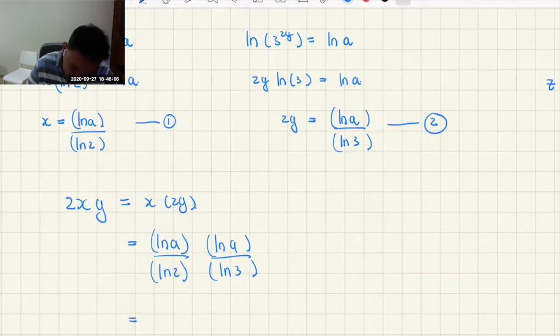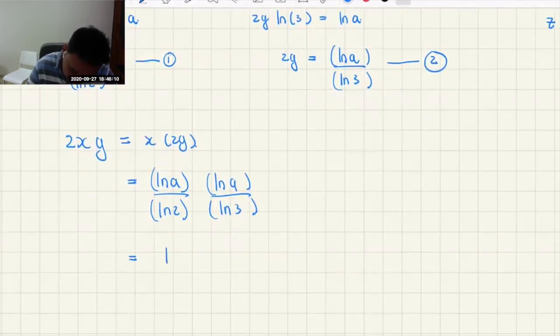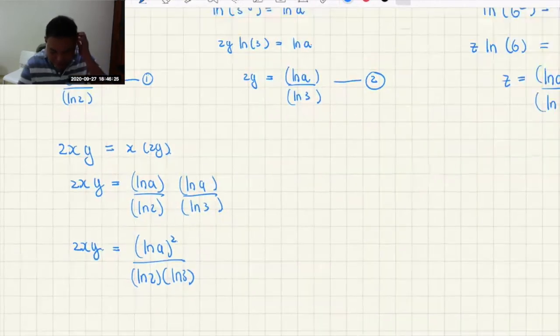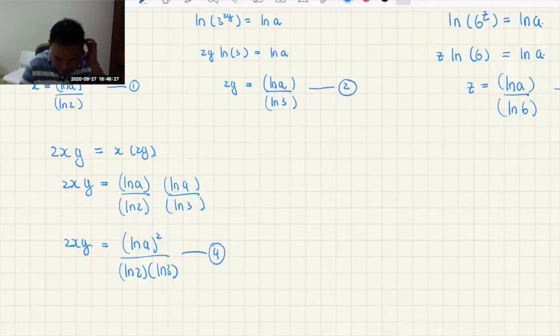Then we simplify further, becoming ln a square over ln 2 times ln 3. And we call this 2xy, equation 4.